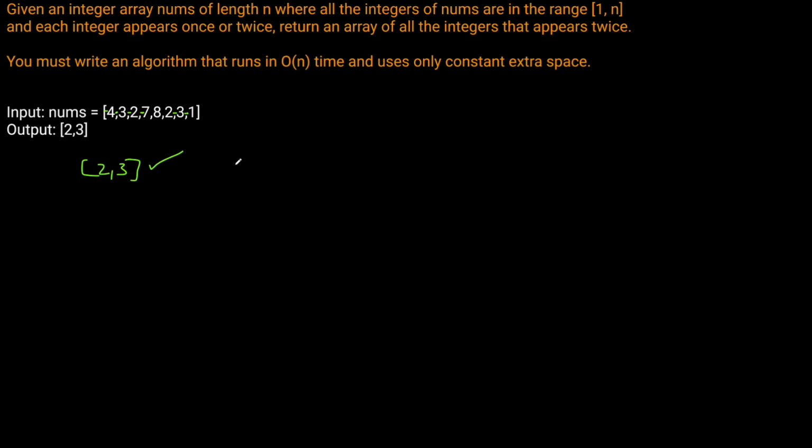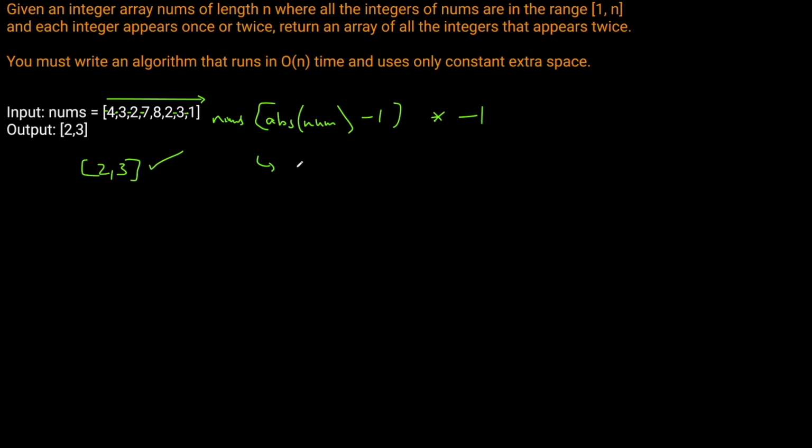So to recap, what we want to do is go from left to right through our array, and we want to set the value in the actual array to the absolute value of whatever our current number is, minus 1, because remember we can set it to negative. We want to multiply that value, so nums times minus 1, right?